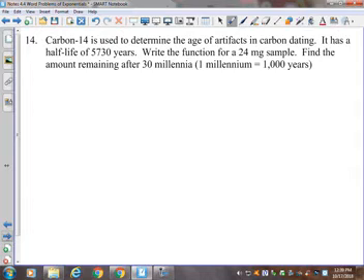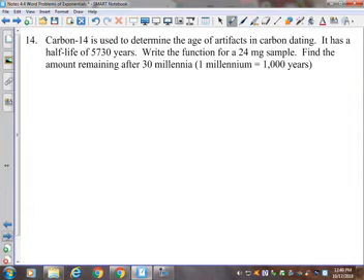So in the last question I want to look at number 14, which is about carbon-14. Isn't that odd that I put those two together and didn't even know it? Just a coincidence. Question number 14 is about carbon-14, which is used to determine the age of an artifact in carbon dating. So when something dies, whether it's a plant, an animal, or a human, the amount of carbon in your body stops increasing.